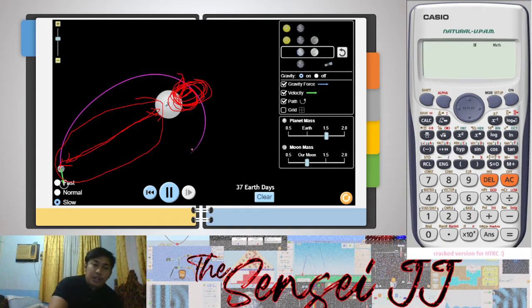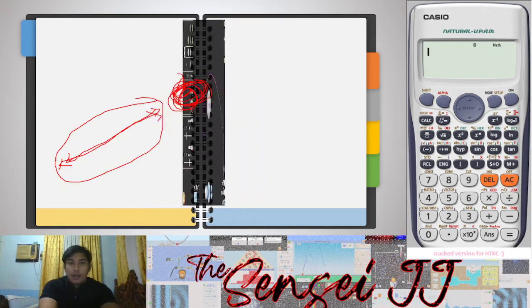Okay, so that is the explanation for why there is a great distance between the moon and the Earth.